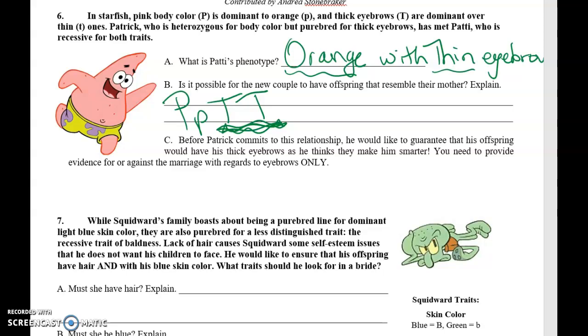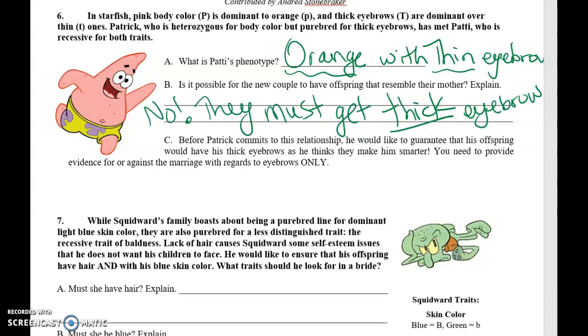In this case, no. Could they have offspring that are orange with thin eyebrows? No way, Jose, because Patrick will always pass on at least one of his big T's. So they might end up being orange. They could be little p, but they always have to have at least one big T to give them thick eyebrows. Orange, thin mom. Pink, thick father.